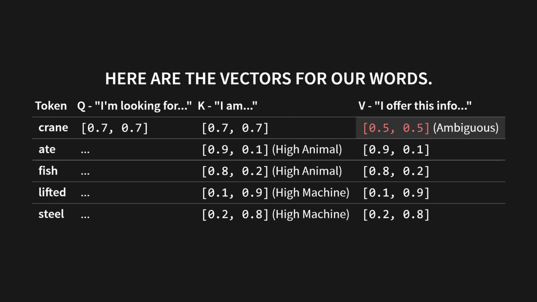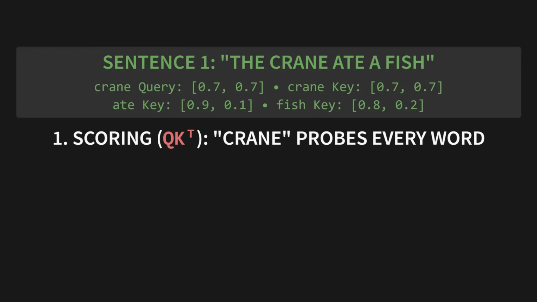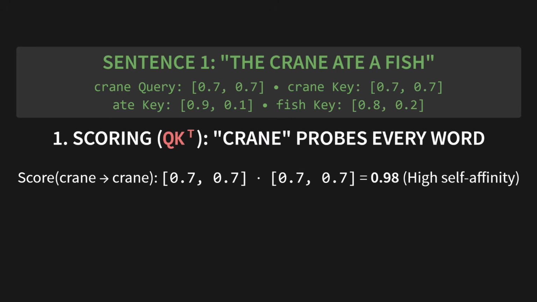All right, sentence 1. The crane ate a fish. We're going to walk through this step by step. First up, scoring. The crane's query, which is 0.7, 0.7, is going to probe every other word's key. Let's do the math. The score for crane looking at itself is 0.7, 0.7, dotted with 0.7, 0.7, which equals 0.98.